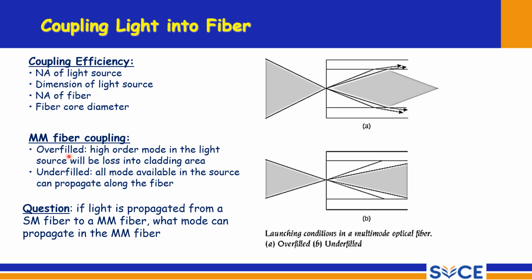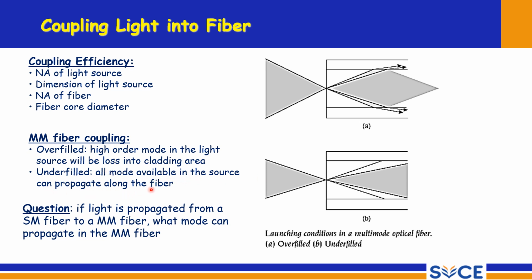So there is overfilled, and another one is underfilled. In overfilled, high order modes in the light source will be lost into the cladding area. Whereas in underfilled, all modes available in the source can propagate along the fiber.